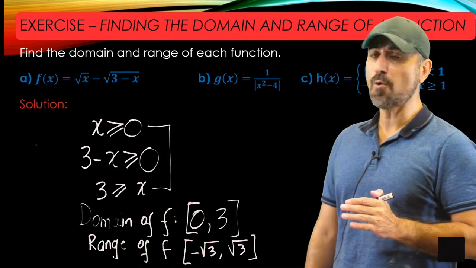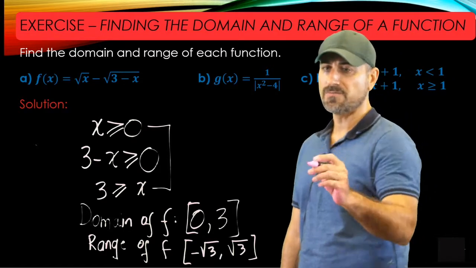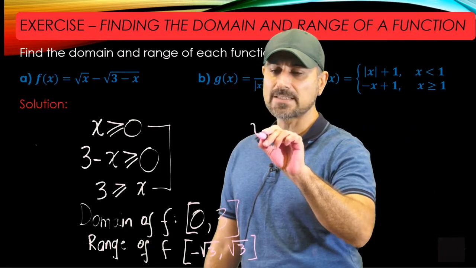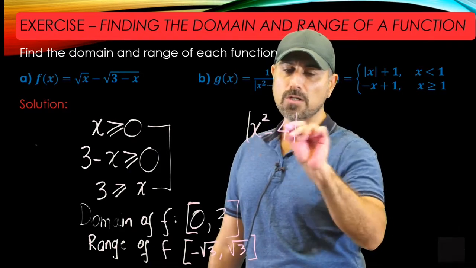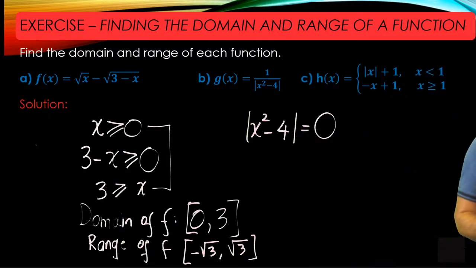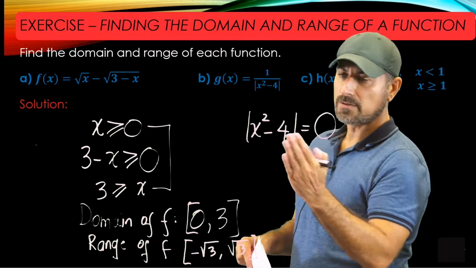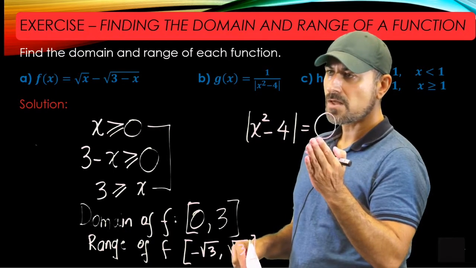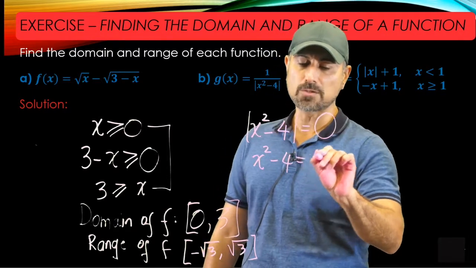We don't want the denominator to be 0. So first we should find the x's for which the absolute value of x squared minus 4 equals 0.